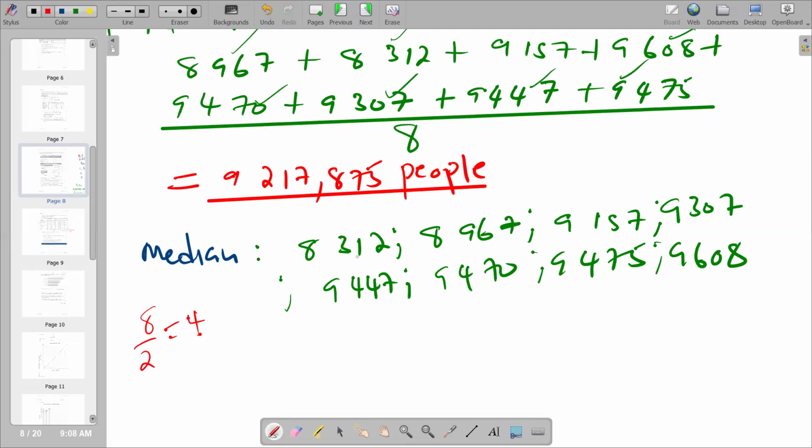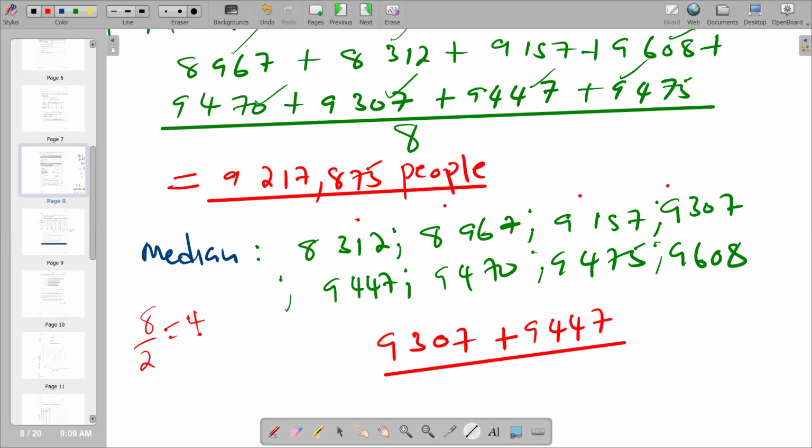So here we've got number 1, 2, 3, 4. We have got 9,307, and then we add 9,147. Then the answer that we get, we divide by 2.